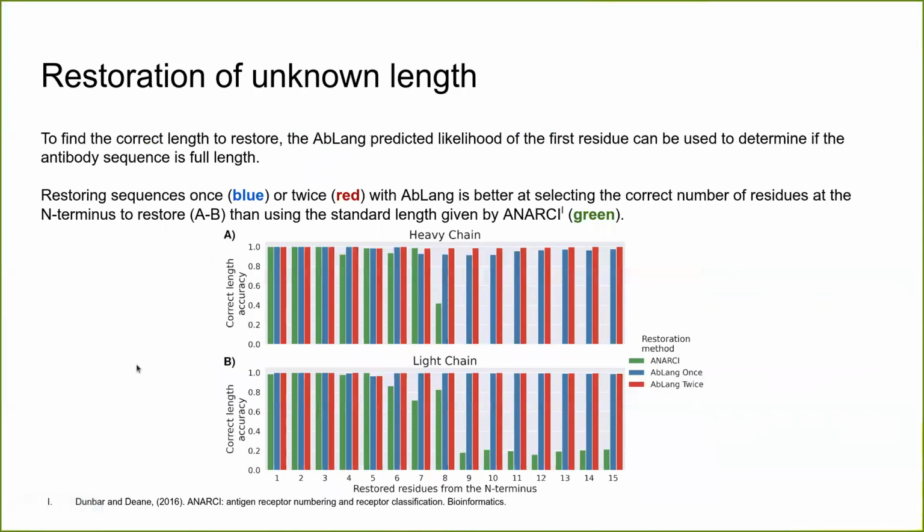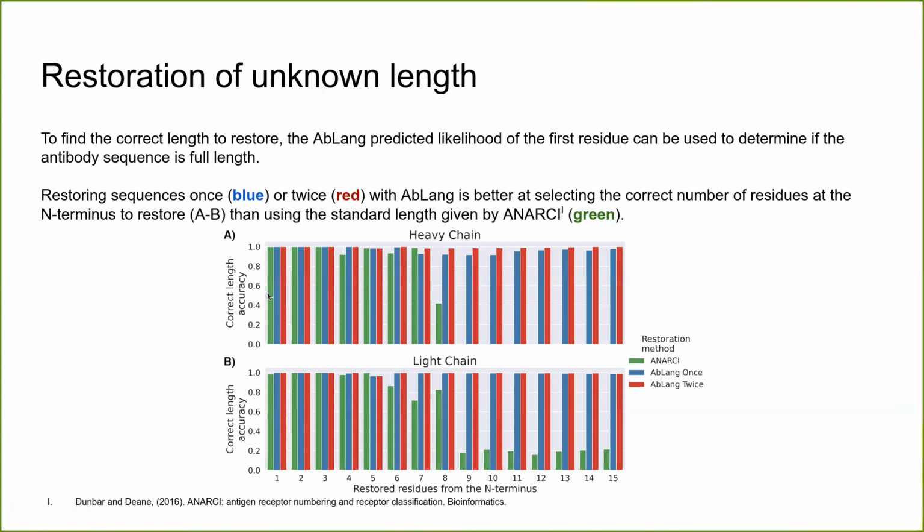So how do we solve the problem of figuring out the correct length to restore? We found that with AbLang, we can use the predicted likelihood of the first residue to determine the full length of the antibody sequence. What you can see here is how well AbLang is able to correctly predict the number of residues to restore compared to a standard approach of using an antibody sequence numbering method such as ANARCI.